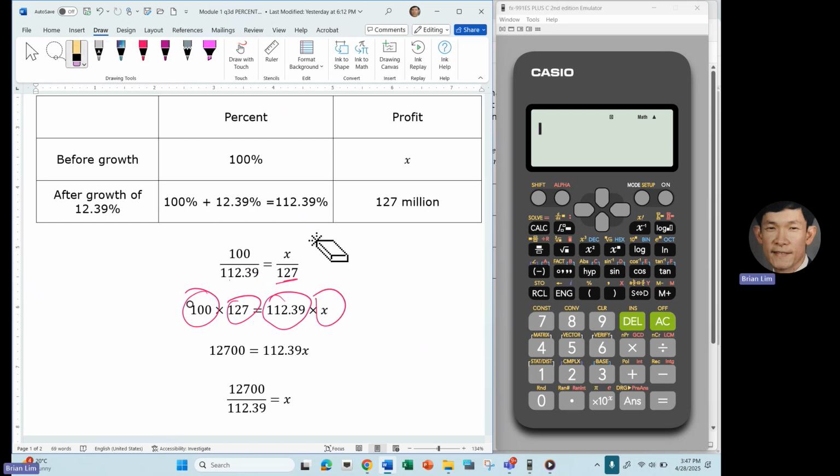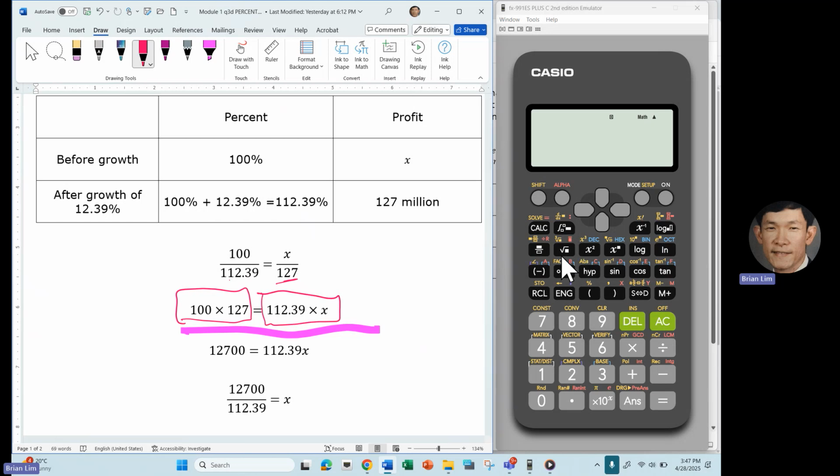So now we have this equation right here. Okay, so let's take out all the markings, and there we have 100 times 127 is equal to 112.39 times X.